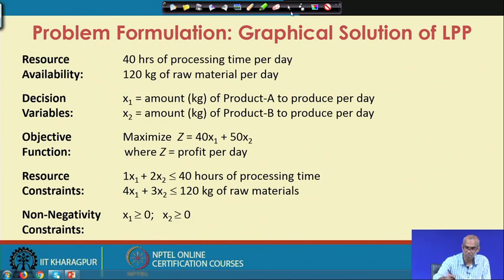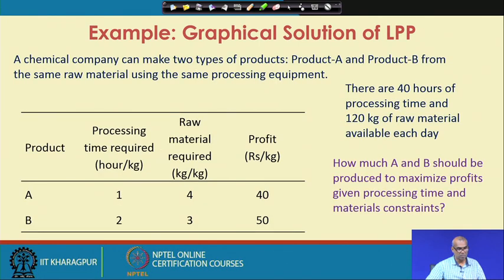Similarly, you have constraints on raw materials. 1 kg of product A requires 4 kg of raw materials. So, x 1 kg of product A requires 4 x 1 kg of raw materials, and similarly x 2 kg of product B requires 3 x 2 kg raw materials.